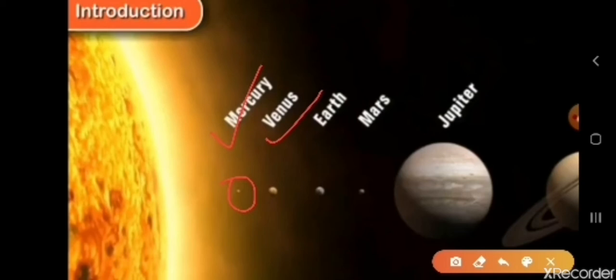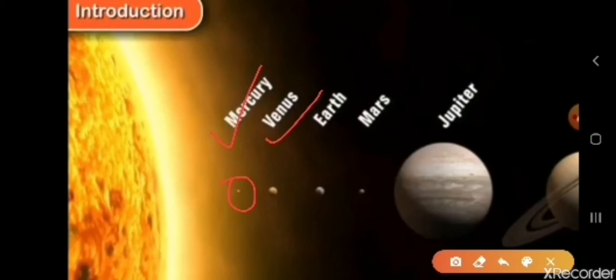Venus is the brightest and hottest planet of the solar system, as it can be seen in the morning and evening. It is also called the morning star or the evening star.